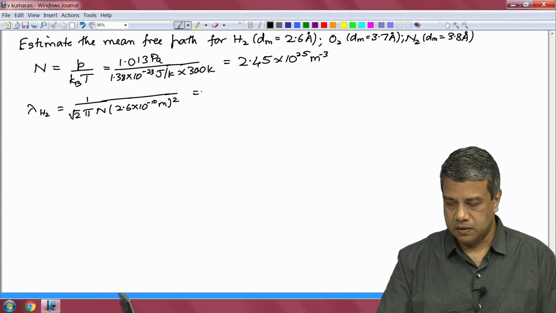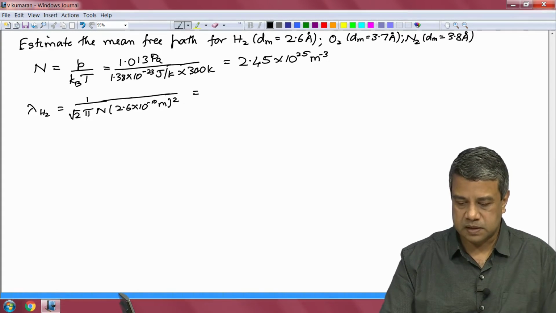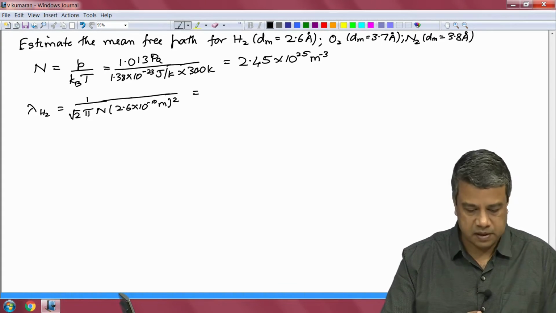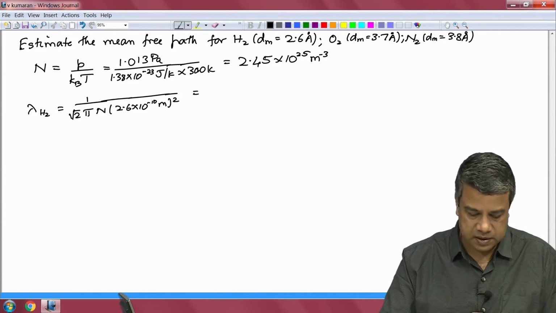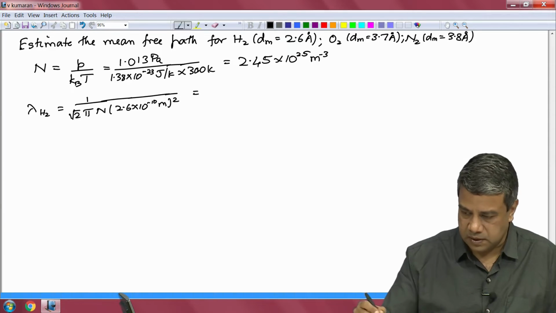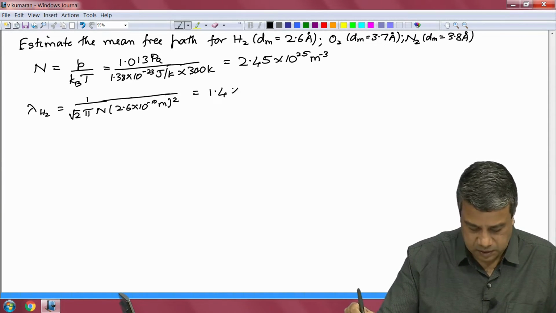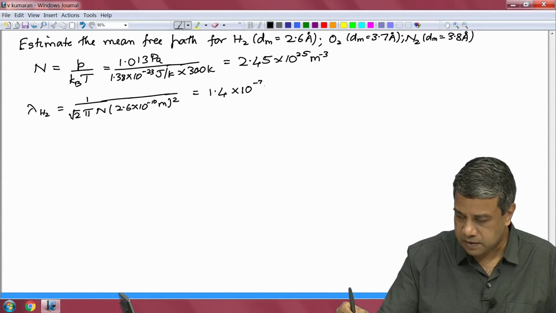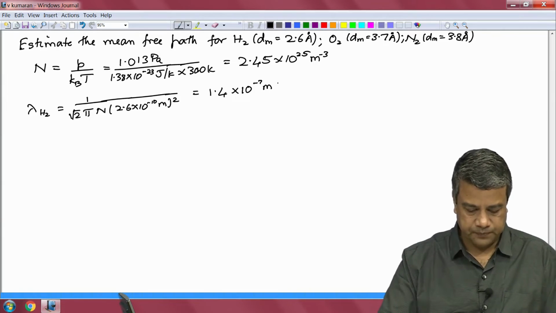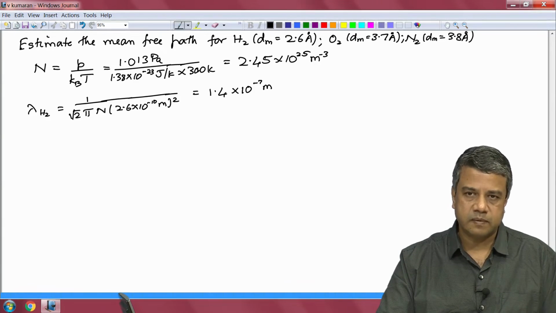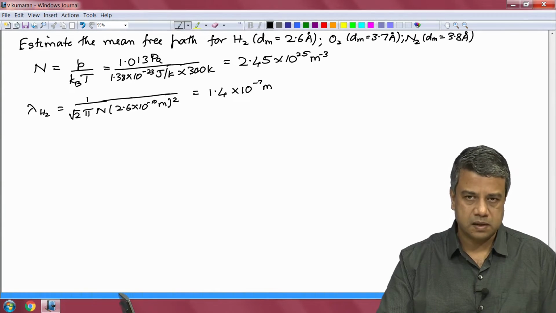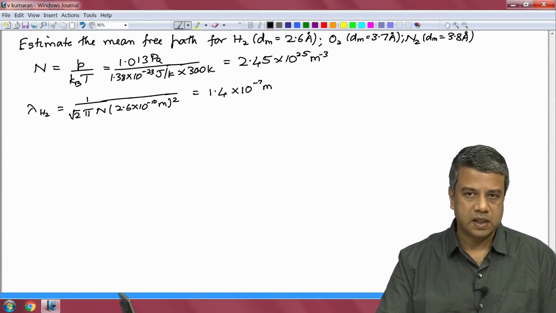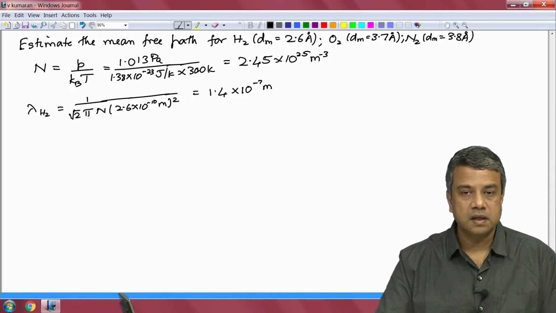You can see that n has dimensions of meter power minus 3, so the mean free path will come out to be having dimensions of meters. You can just substitute the value of the number density here and you will get 1.4 into 10 power minus 7 meters, which is about 0.1 microns, 1/10 of a micron. So, that is the mean free path in hydrogen gas.